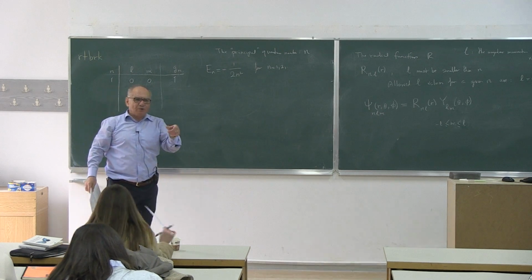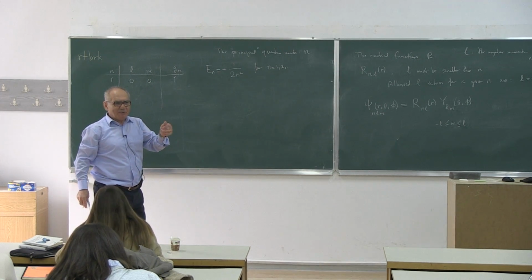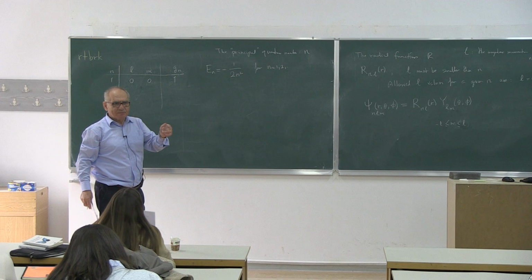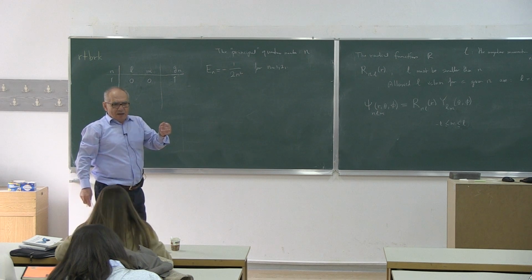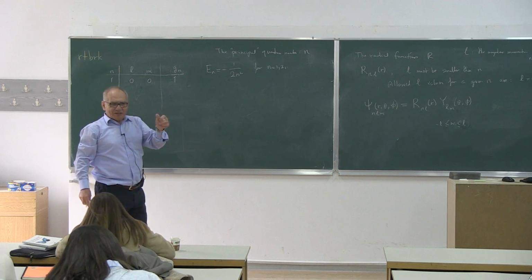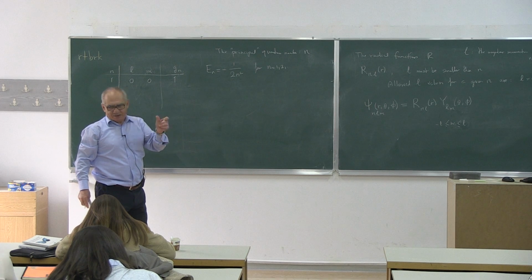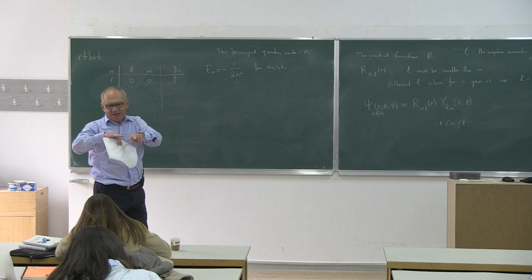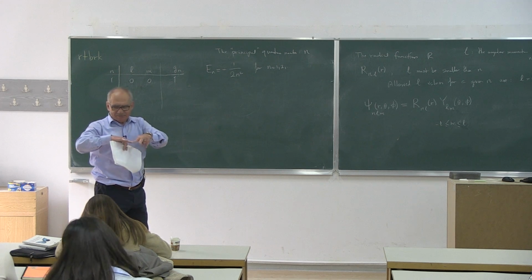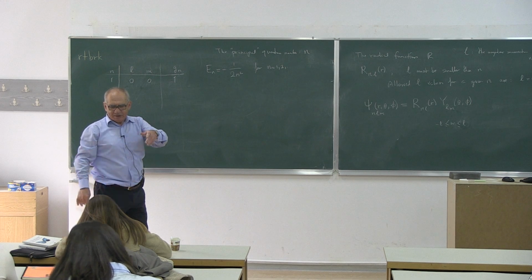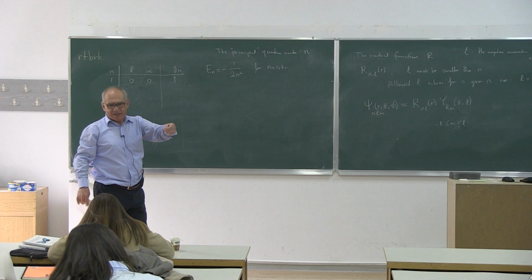What is another word for describing this situation? Is it degenerate or non-degenerate? Non-degenerate. Just two possibilities: either it is degenerate or non-degenerate. And the definition is whenever the number of state functions is more than 1, there is degeneracy.